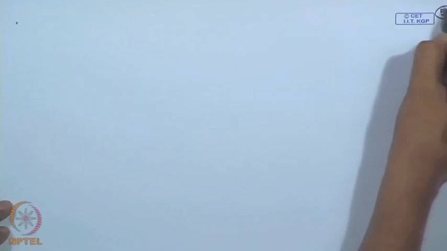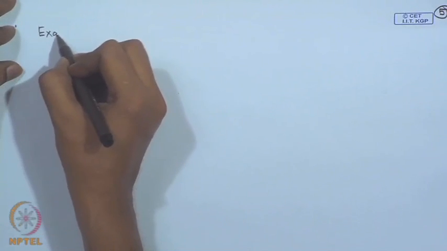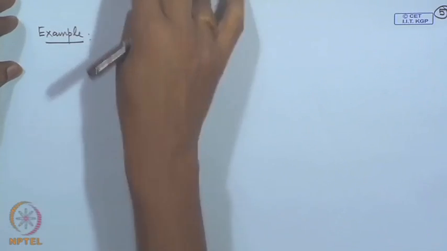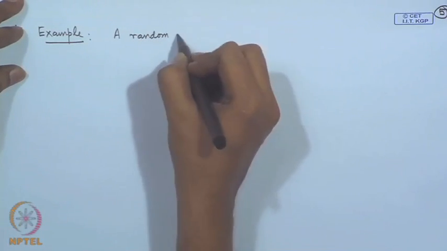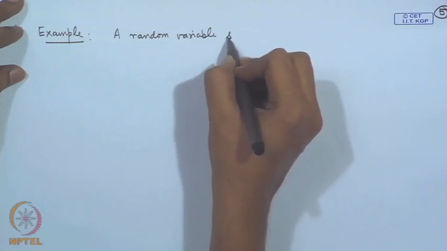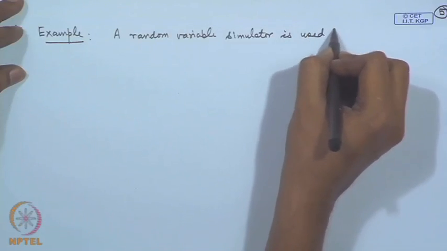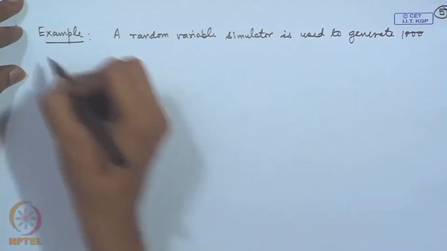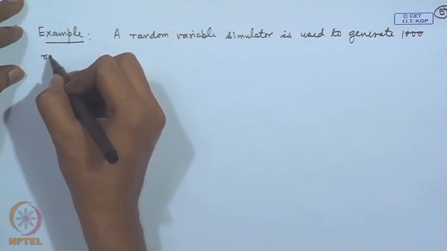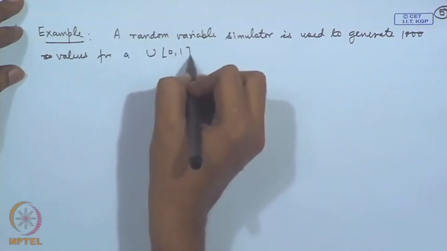Let me give an example here. A random variable simulator is used to generate 1000 values for a uniform 0 1 random variable.